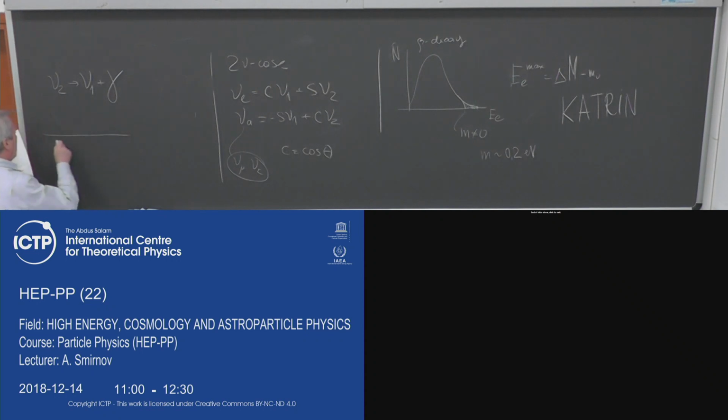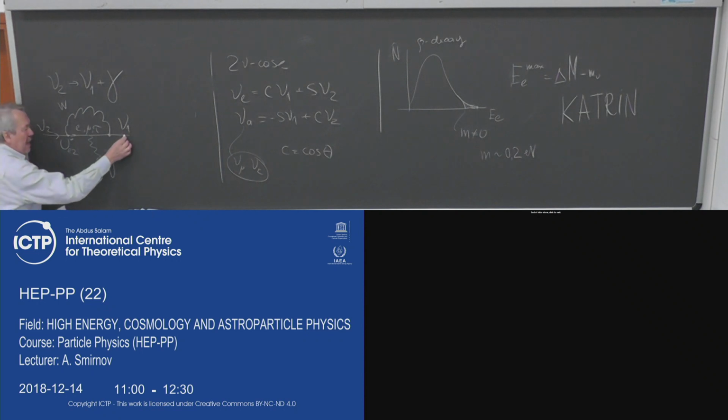You have ν2, this is the W boson, this is the gamma, and here you may have electron, muon, and tau. And here you have ν1. This is because of mixing, because here you have these mixing parameters. Here it will be U_e2, for instance, conjugated.